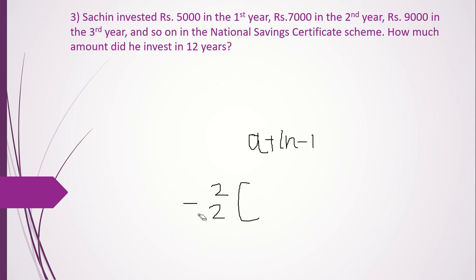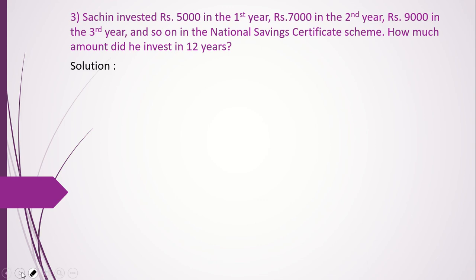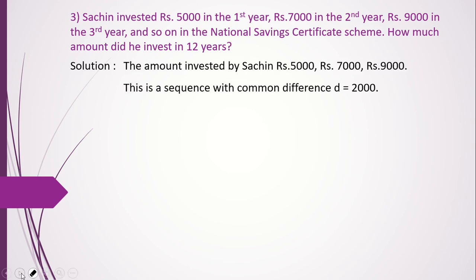So let us see once again what we are doing. The amount invested by him is like this: 5000, 7000, 9000. So this is a sequence with common difference d, which is 2000. We can clearly see that. So of course this is an AP with a is 5000, d is 2000 and n is 12.